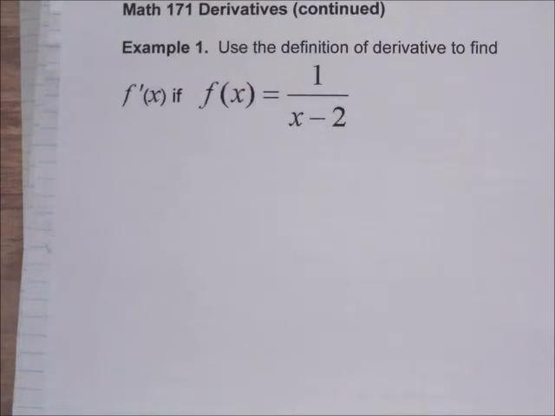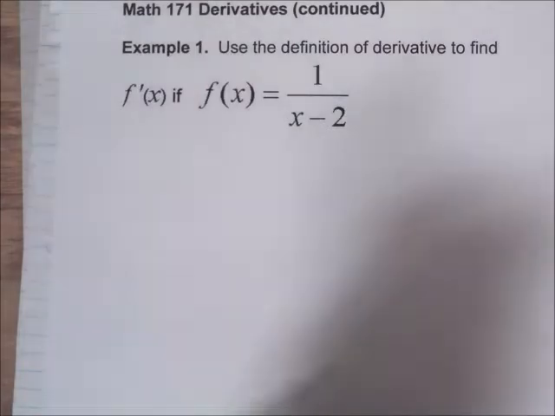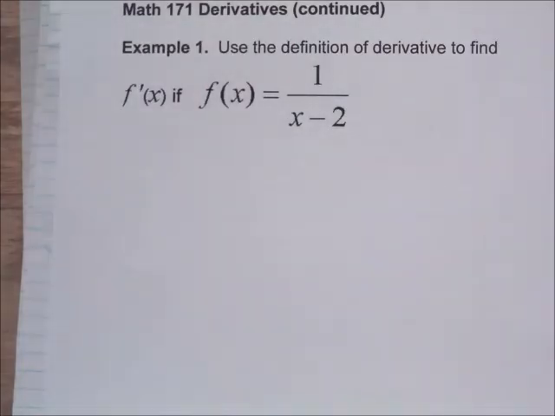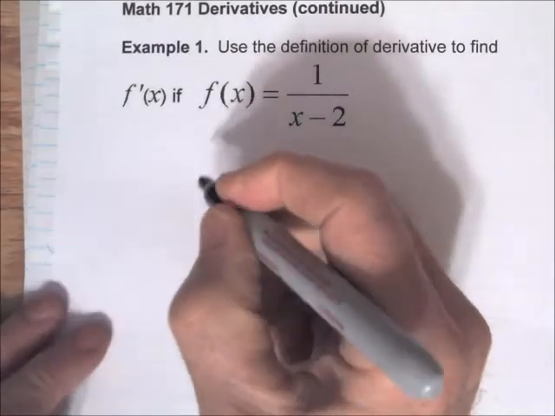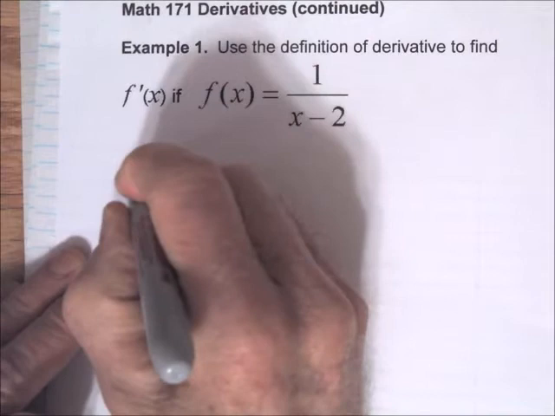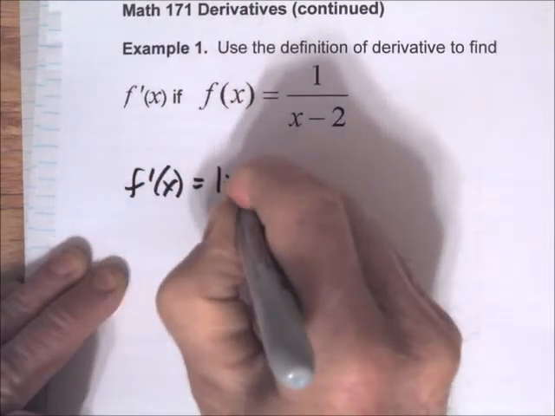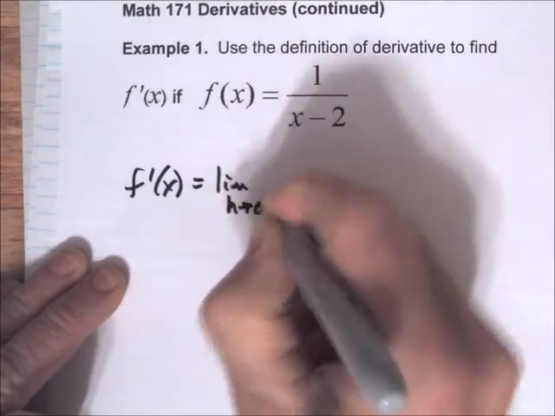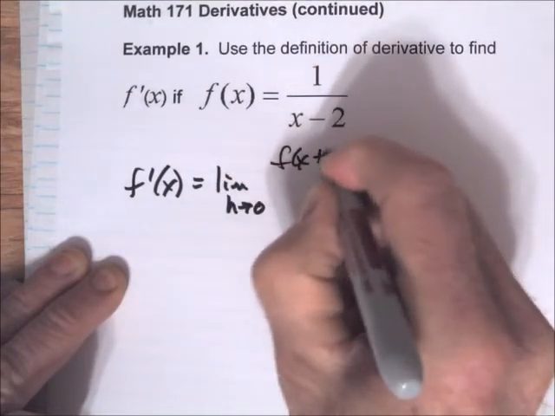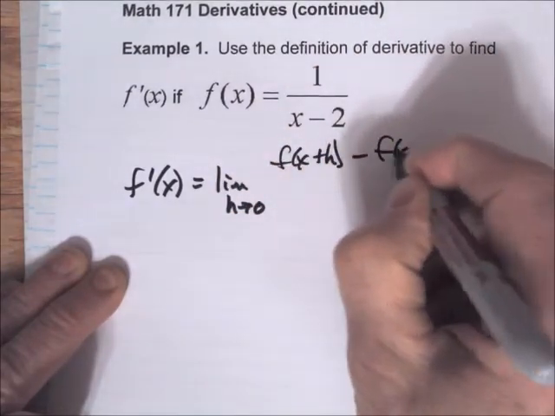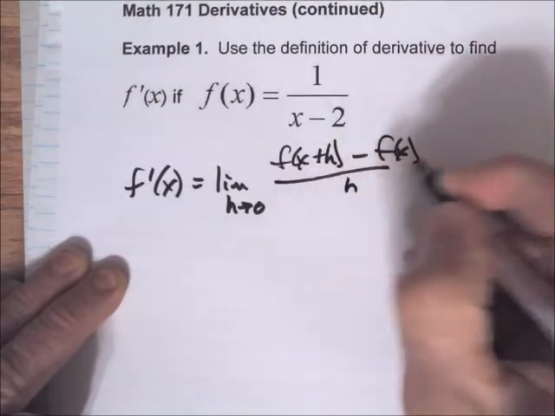So that means the instantaneous rate of change. So f prime of x, the formula for f prime of x is the limit as h goes to 0, f of x plus h minus f of x all over h.